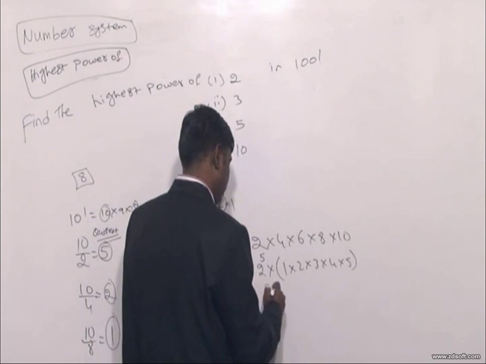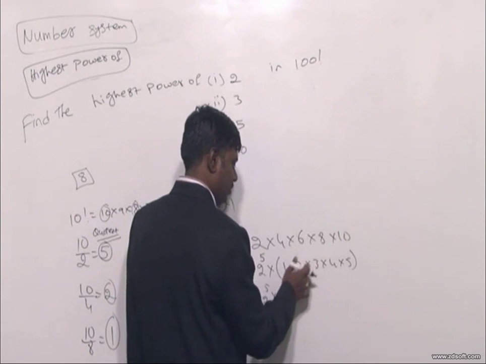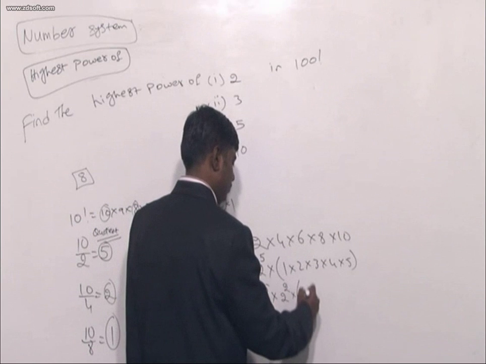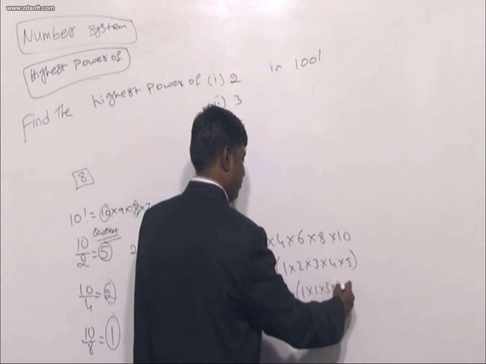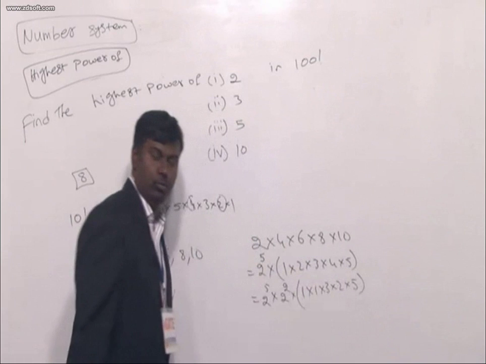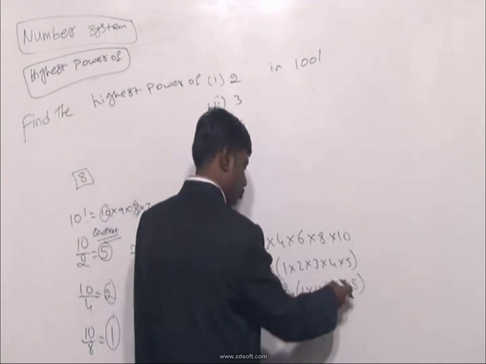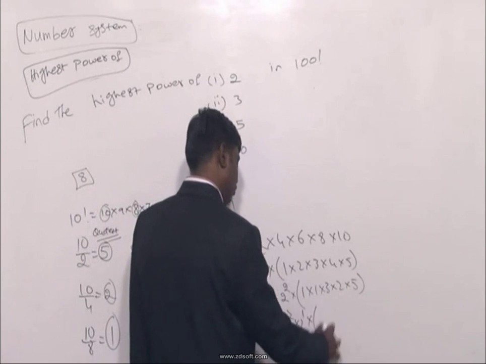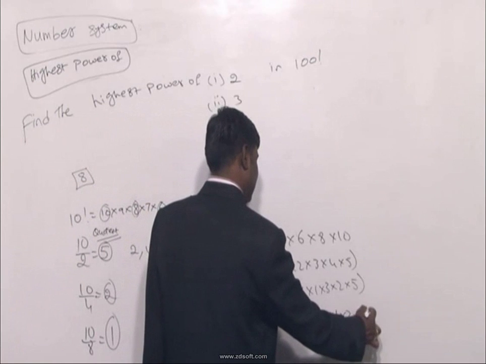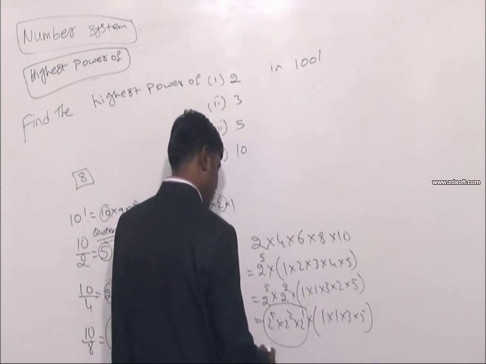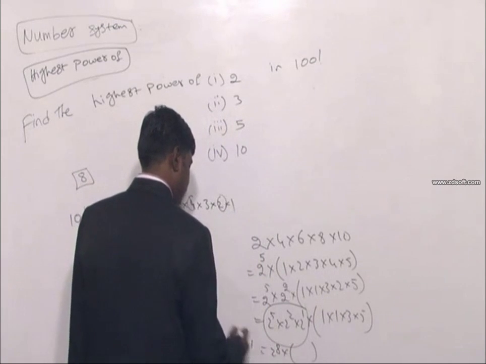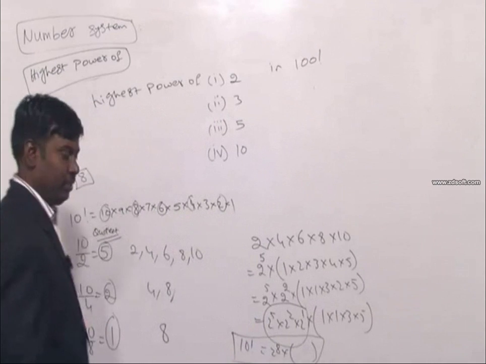Now similarly 2 power 5 into, here also you have 2, 4. I am taking out 2, 2. I have one more 2 here. So 2 power 5 into 2 power 2 into 2 power 1 into 1 into 1 into 3 into 5. So these are all 2 powers, which I am expressing as 2 power 8 into some number. It is equal to 10 factorial. Therefore highest power of 2 is 8.